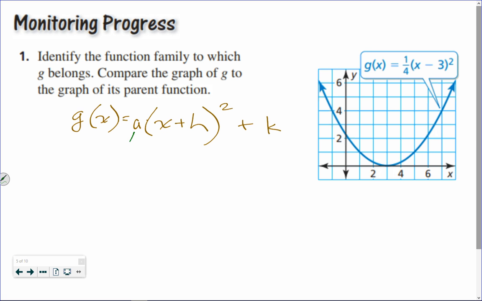A does what? It stretches vertically or horizontally, right? What else does it do? It reflects. Okay? Write this down. The H does what?